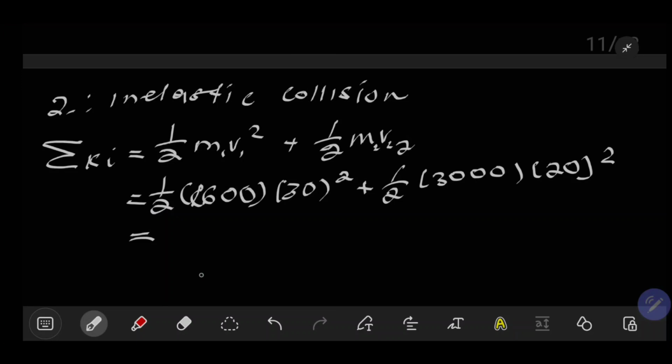When you punch your calculator, you are going to have 720,000 for this one, plus, when we calculate the other one, we get 600,000.